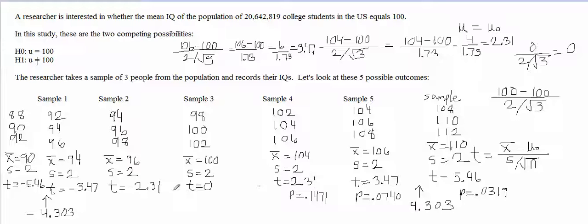These p-values will, if t is 0, p has to be 1. Going down in this direction, the p-values will be the same because the t-scores are just the opposites.